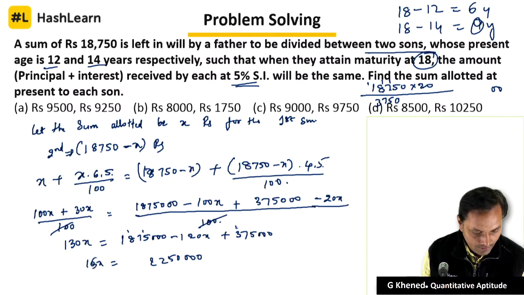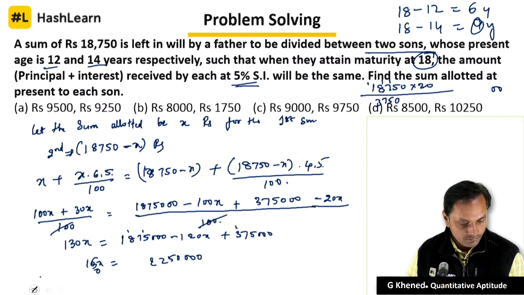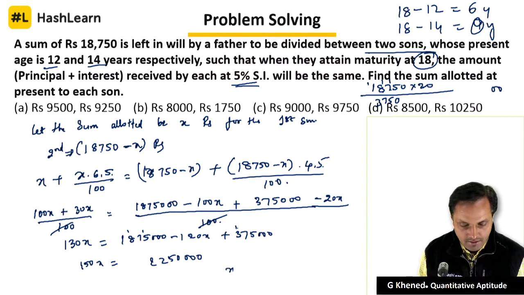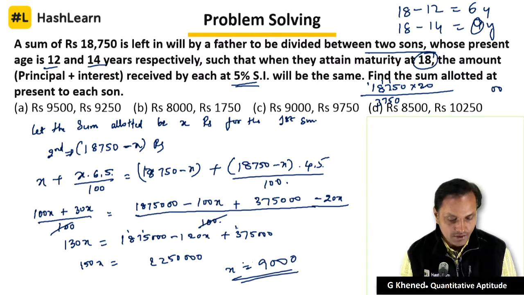This is 150. So that will be equal to 15 ones are 15, will be equal to 900, with 10 extra.